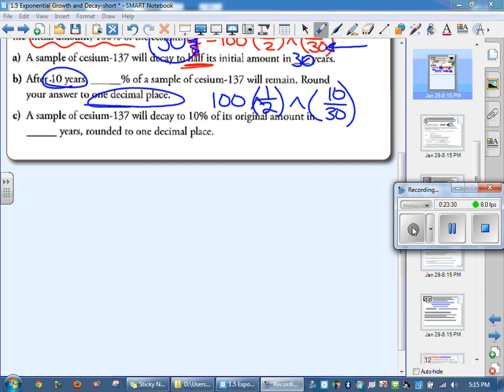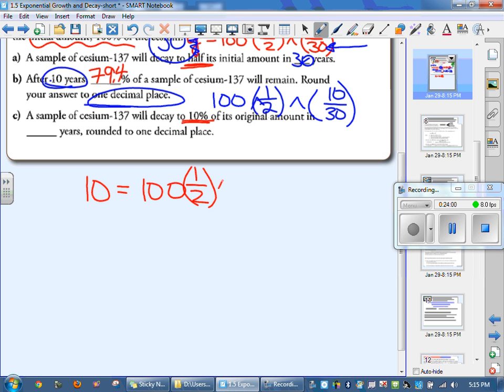All right, letter C says, how long will it take to decay to 10% of its original amount? Well, now I'm given a Y number. Percentages are Y numbers. So when I'm given a Y number, there's a couple different ways to do this. I can put 10% on the left-hand side of my equation, 100 times (1/2) exponent X, or time, over 30. It can be X over 30 or T over 30, whichever you prefer.